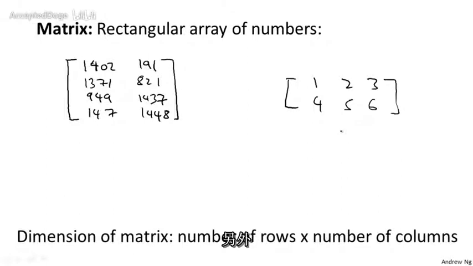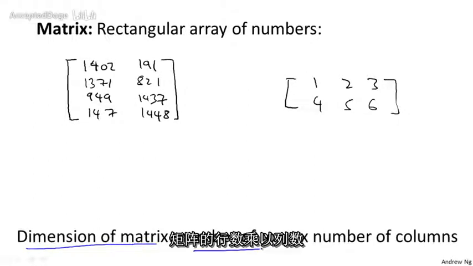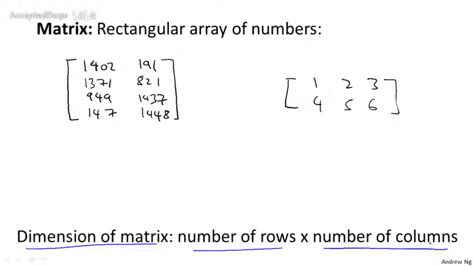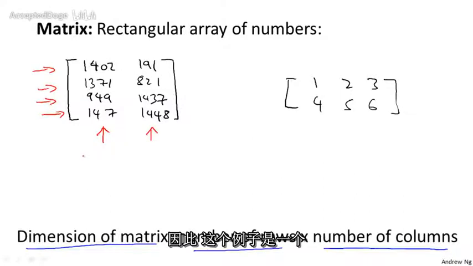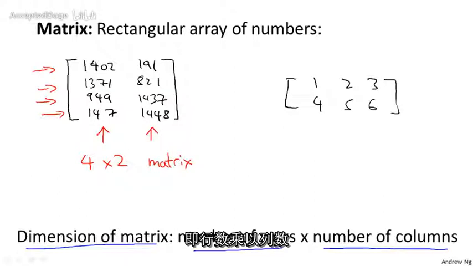The other piece of terminology we need is that the dimension of a matrix is written as the number of rows times the number of columns in the matrix. So concretely, this example on the left has 1, 2, 3, 4 rows, and it has 2 columns. So I'm going to say this is a 4 by 2 matrix, because it's number of rows by number of columns, so 4 rows, 2 columns.